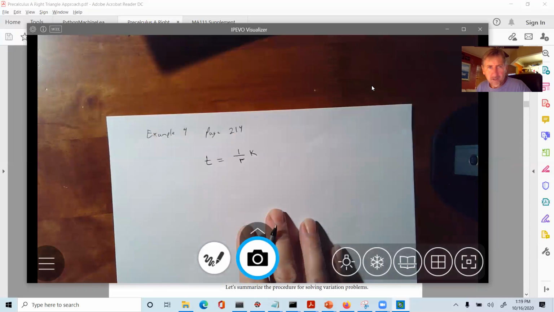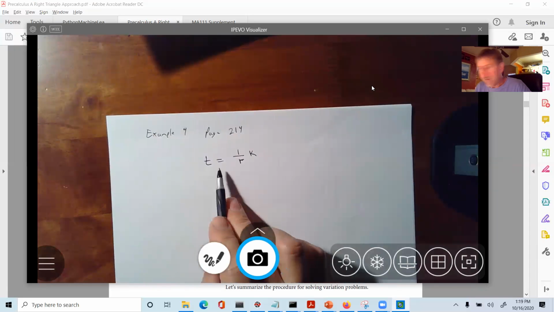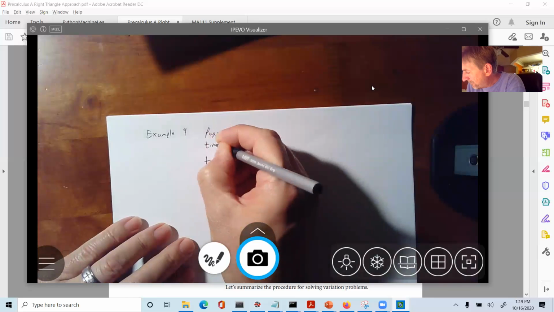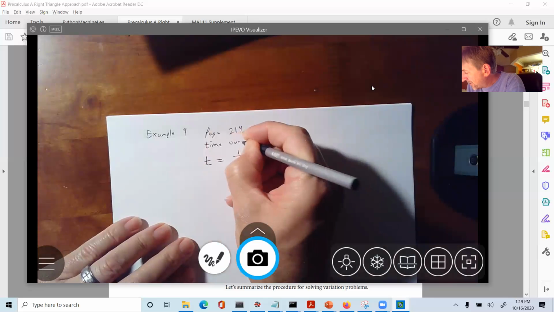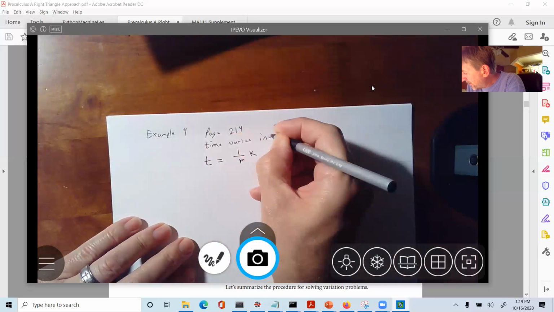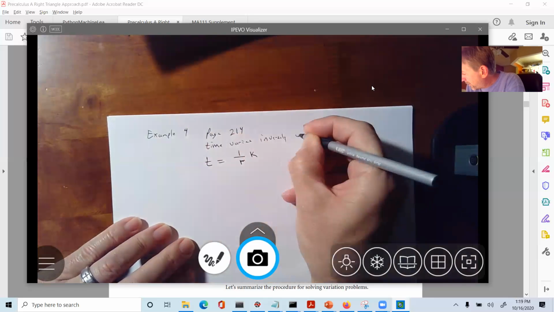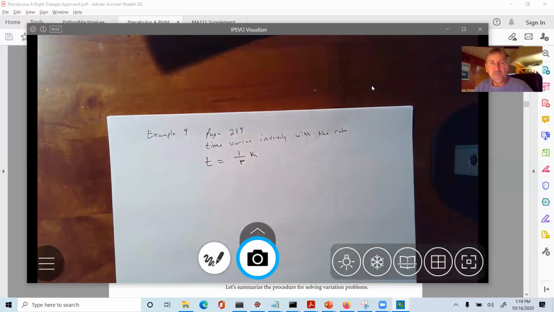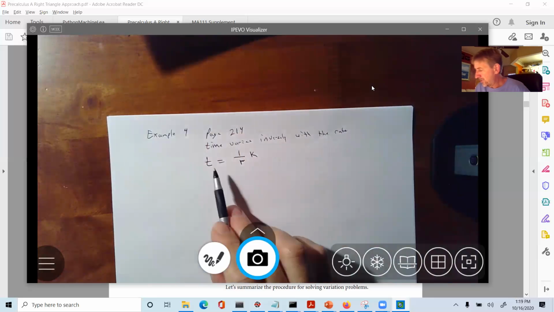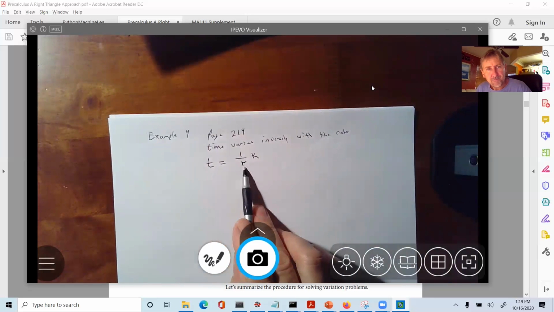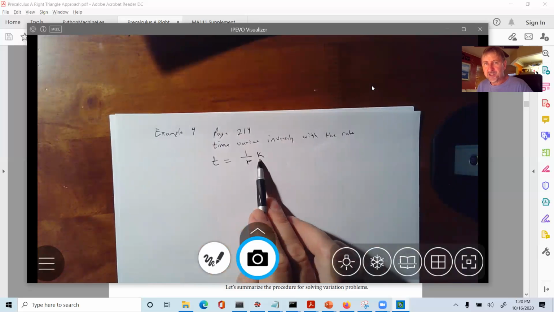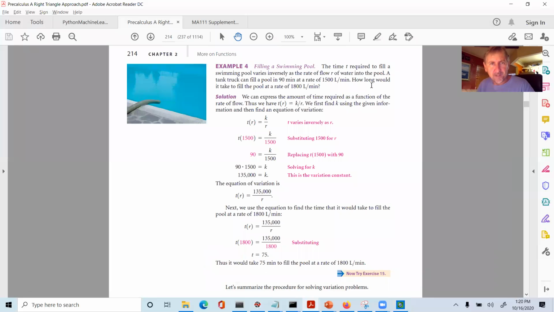Right, so we had the time varies inversely with the rate, right? The rate at which we're filling the pool. So this is where this 1 over R comes in. Time varies with 1 over R times k. And then we're going to solve for k with the data they gave us.